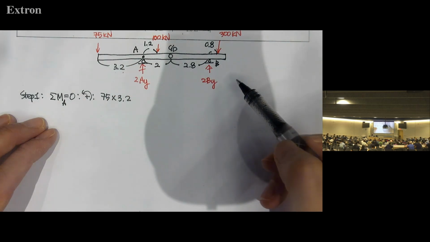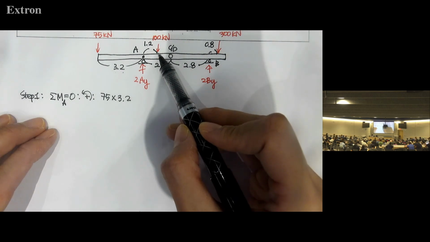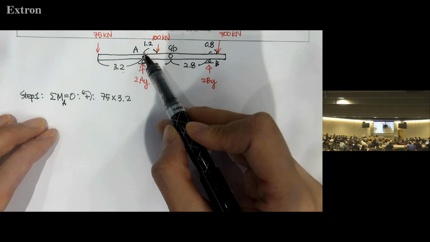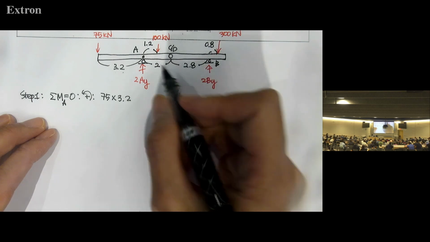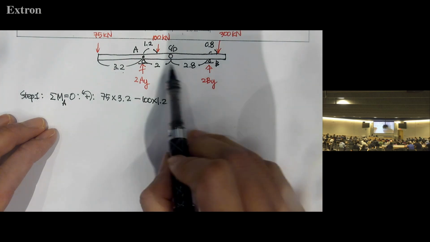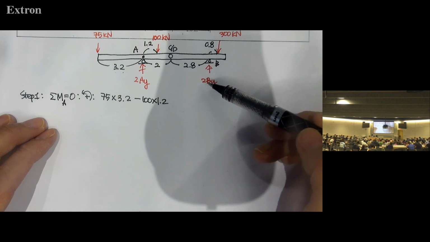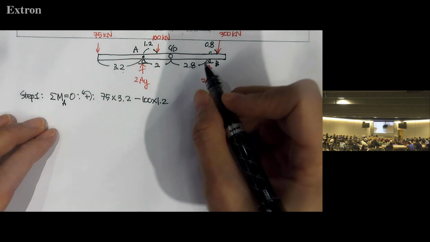Then the moment by 100, 100 times 1.2, and then 2 BY times the moment arm 4.8.